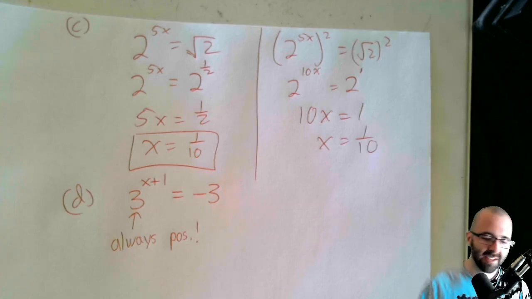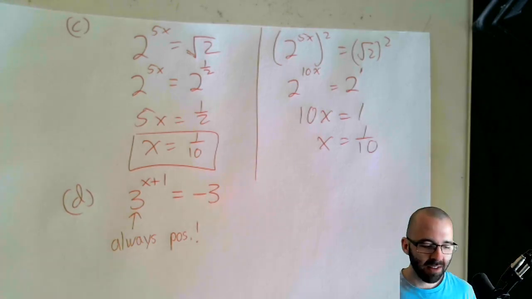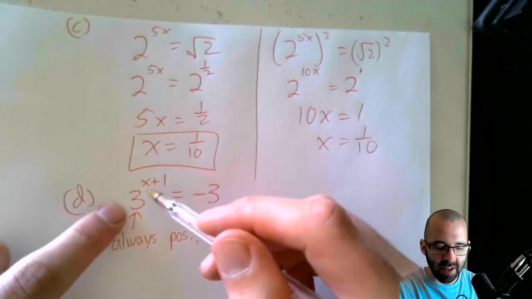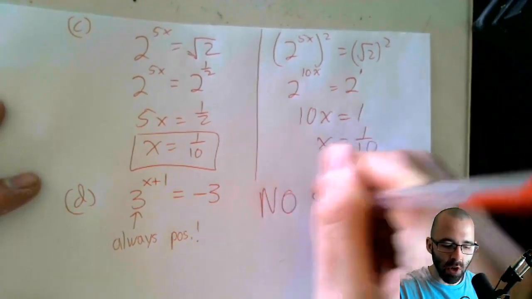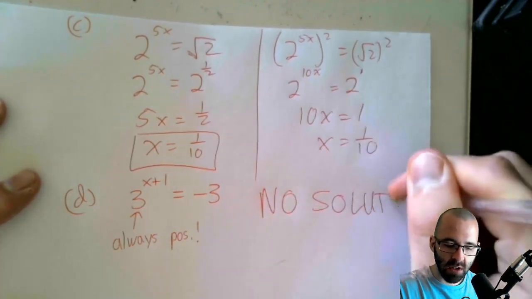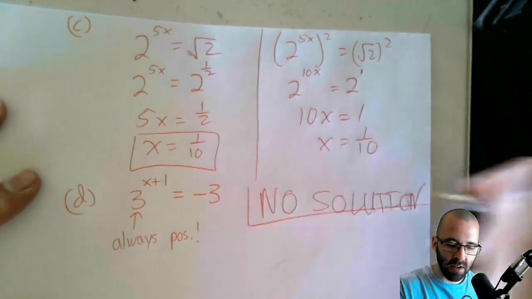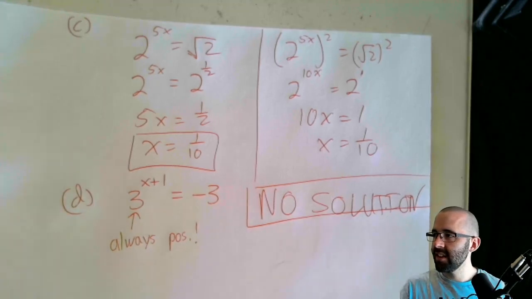This is impossible. There's no exponent that you can raise this number to get negative 3. No solution. Okay. There's no answer here.